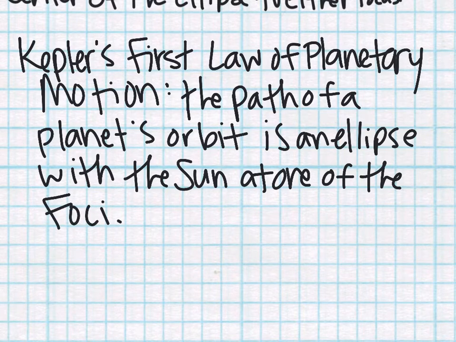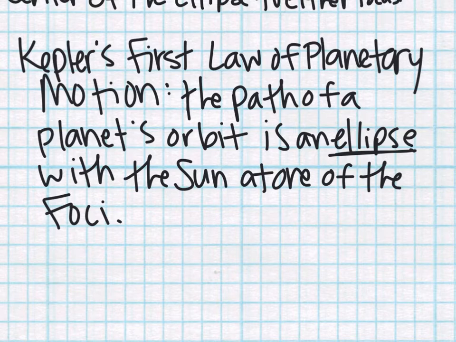Now, he doesn't talk about what's at the other foci. Usually it's just an empty point in space. But first law of planetary motion says all planets orbit the sun in an ellipse. And asteroids, comets, other things like that will also follow elliptical paths around the sun.